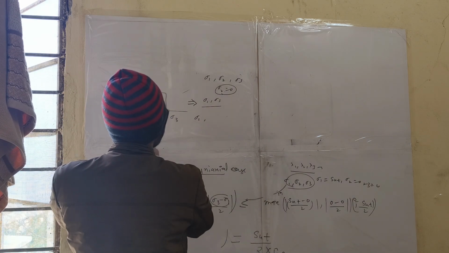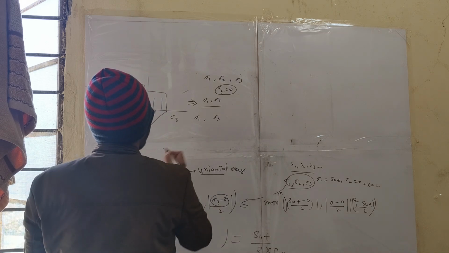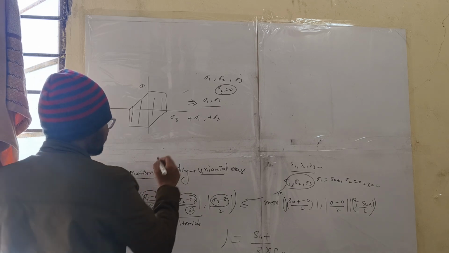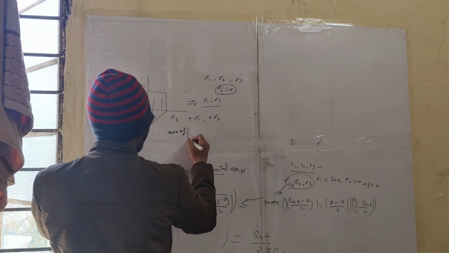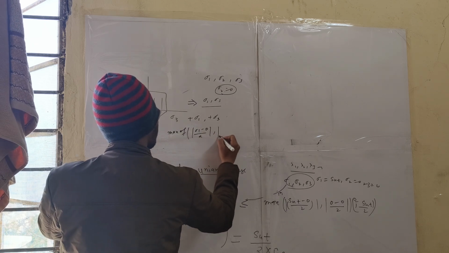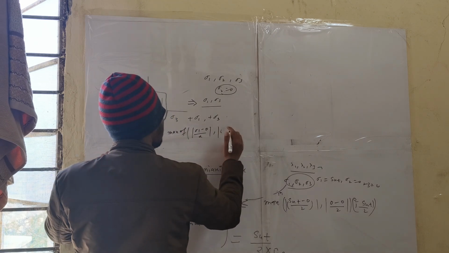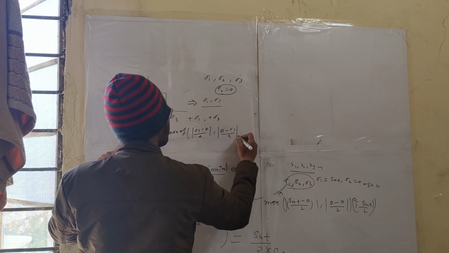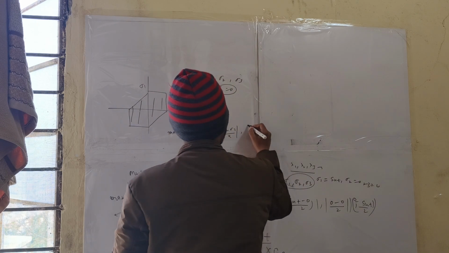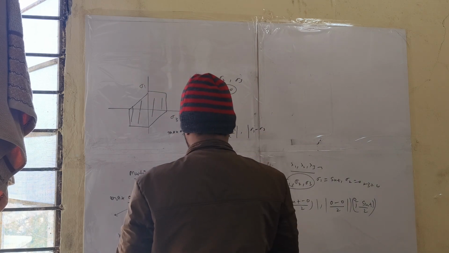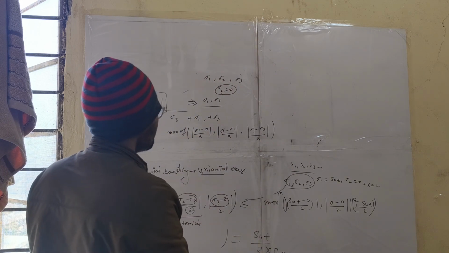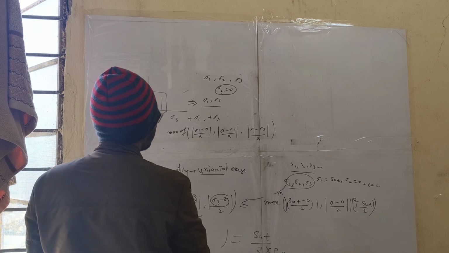If sigma 1 is positive and sigma 3 is positive, both are positive, what is the maximum of (sigma 1 minus 0) by 2, (0 minus sigma 3) by 2? Okay, a maximum of what?